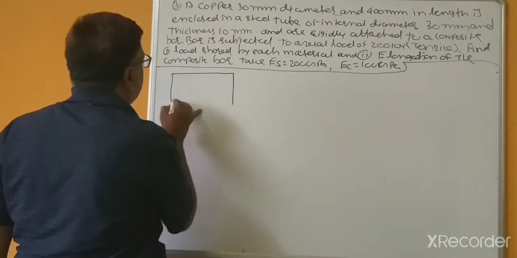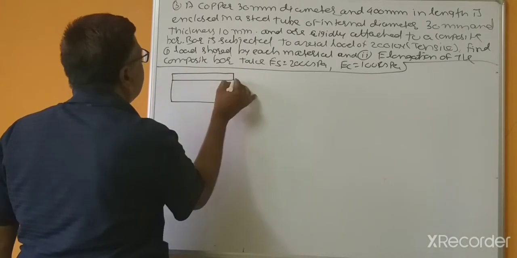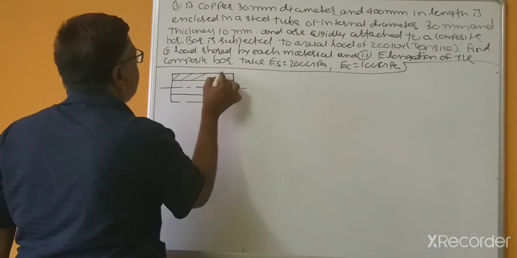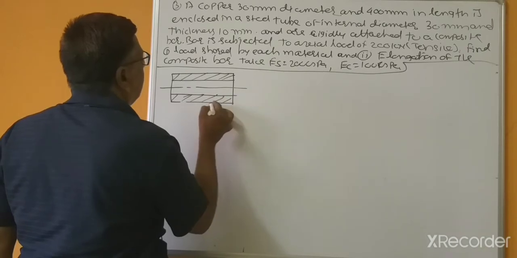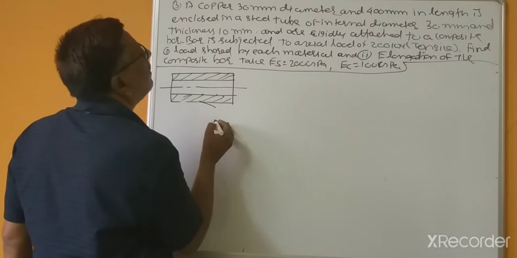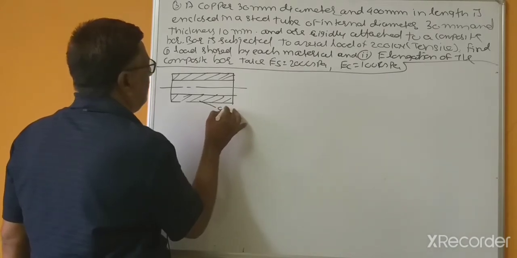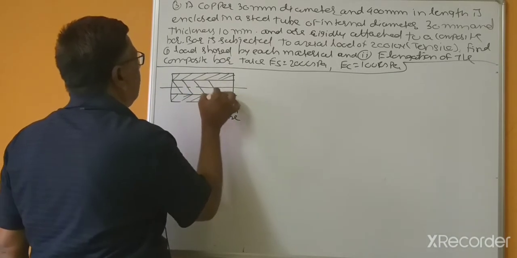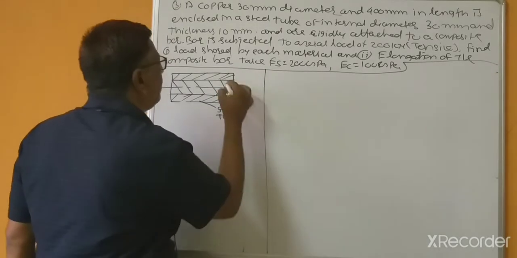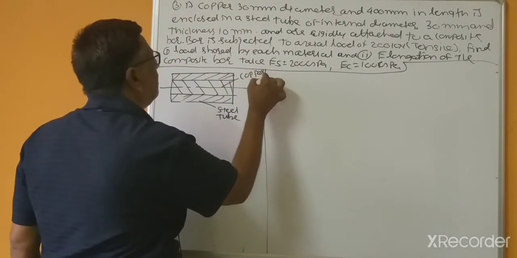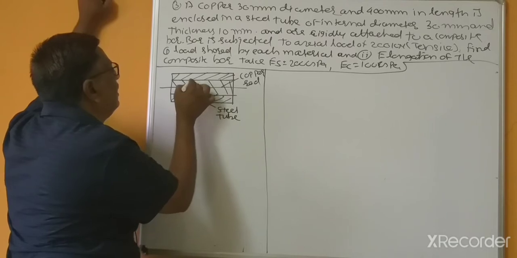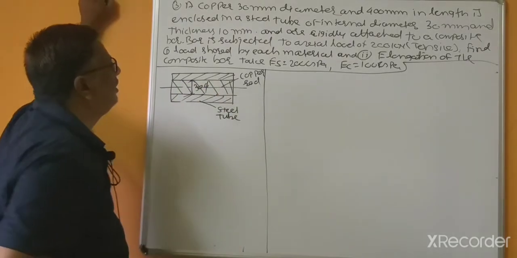Suppose this is the steel tube, and this is the copper rod, because the internal diameter is the same, 30.